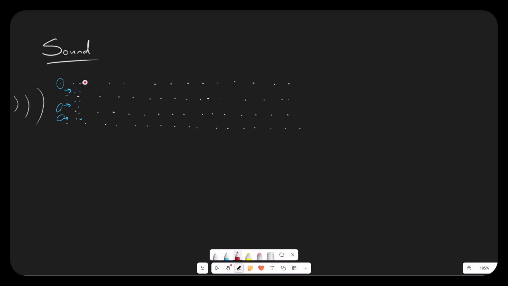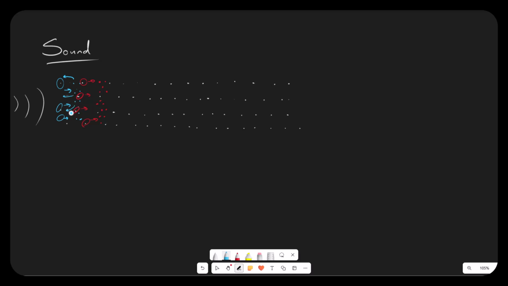But because these have moved to the side, that's going to move these to the side. While those move to that side, these blue ones have moved back.